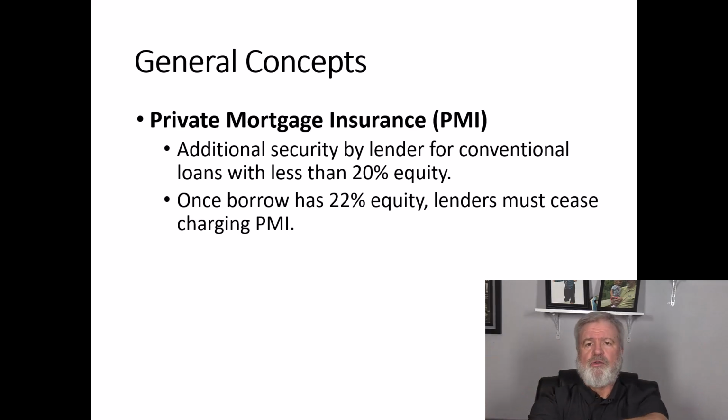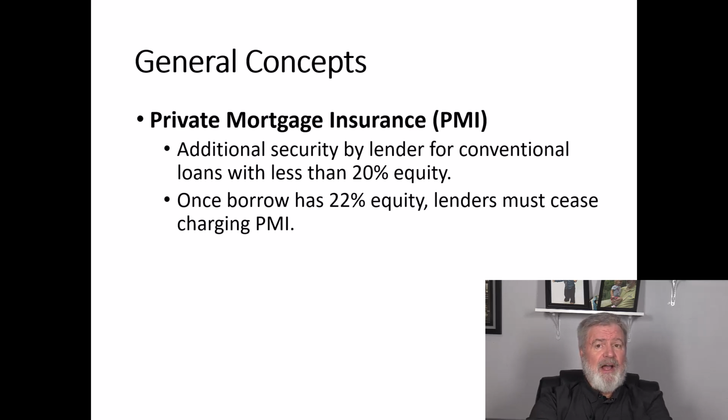So yeah, we'll agree to drop the insurance. However, if it's real close, or maybe the lender's not comfortable at all that you have 20%, then they may require you to have an appraisal done. And if the appraisal shows that you have 20% equity, then they'll drop the PMI.